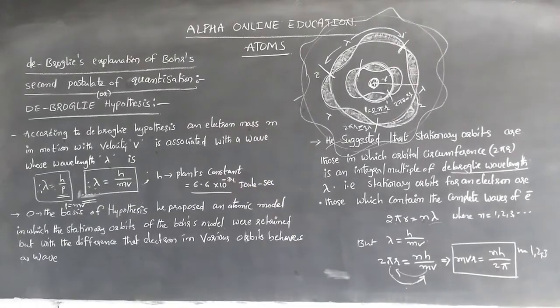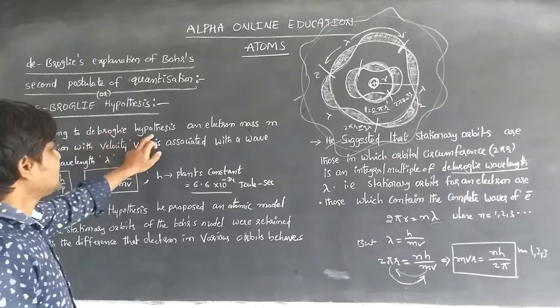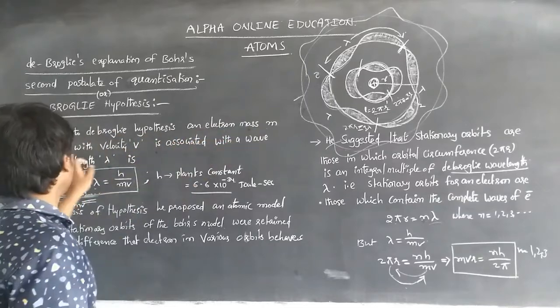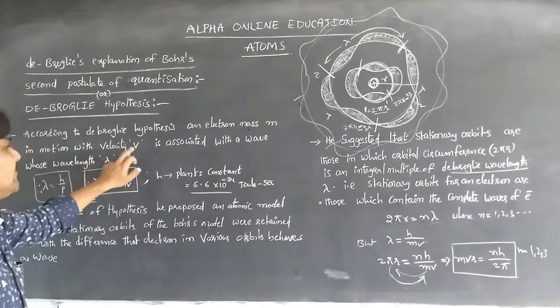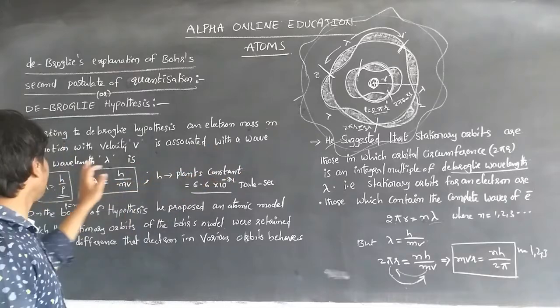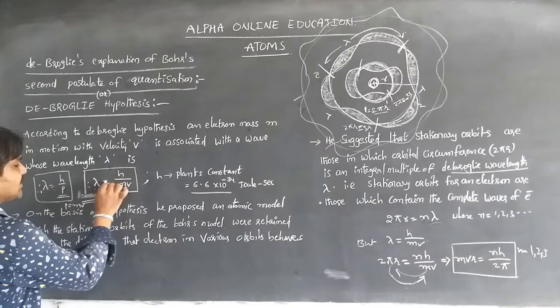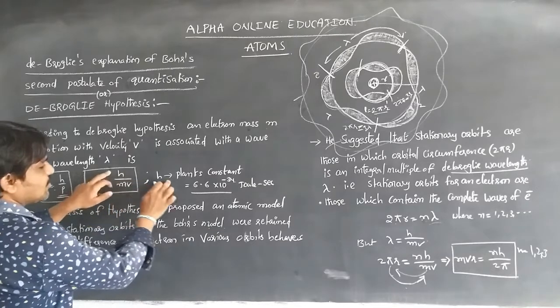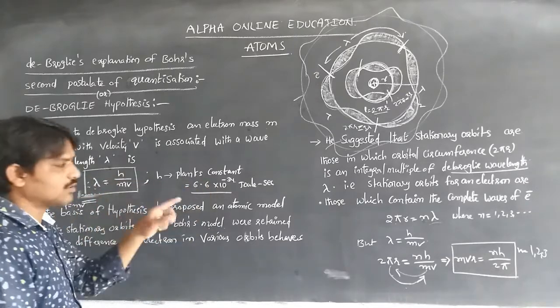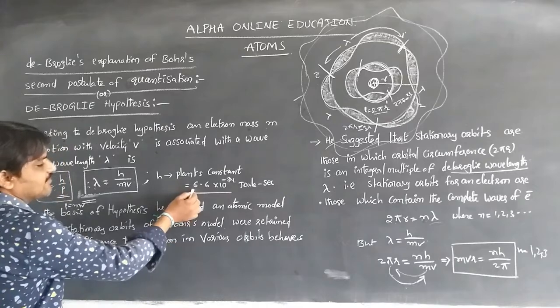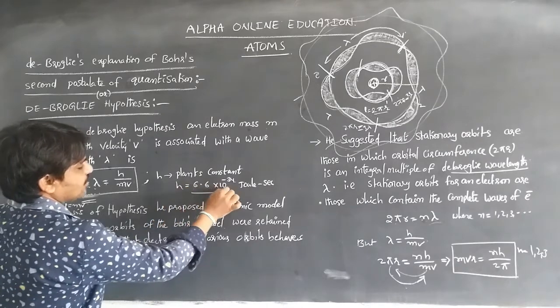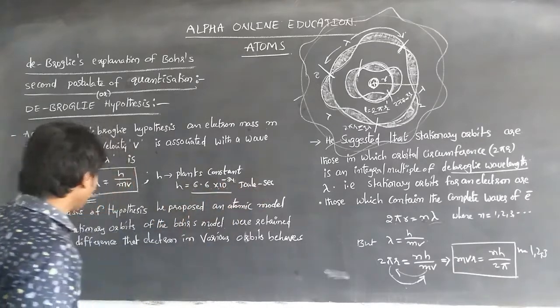Once again, according to the de Broglie hypothesis, an electron of mass m in motion with velocity v is associated with a wave whose wavelength lambda is equal to h by mv, where h is Planck's constant, 6.6 into 10 to the power of minus 34 joule second.